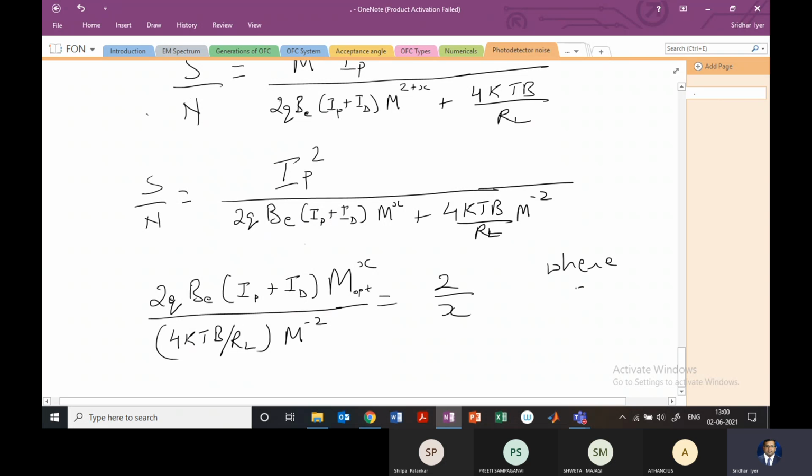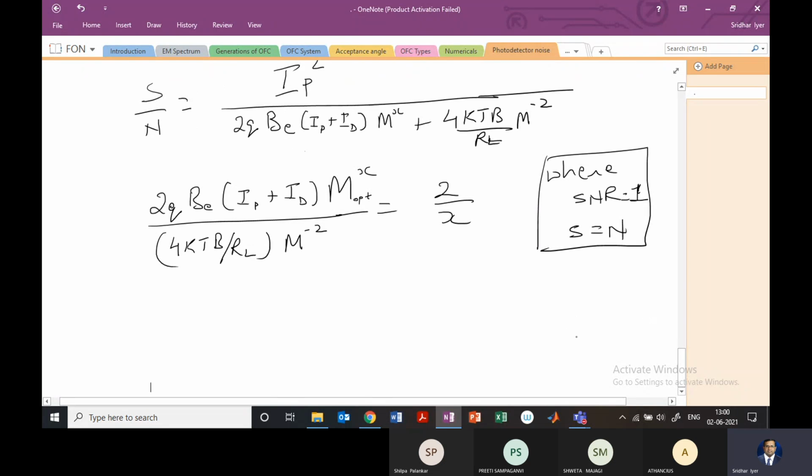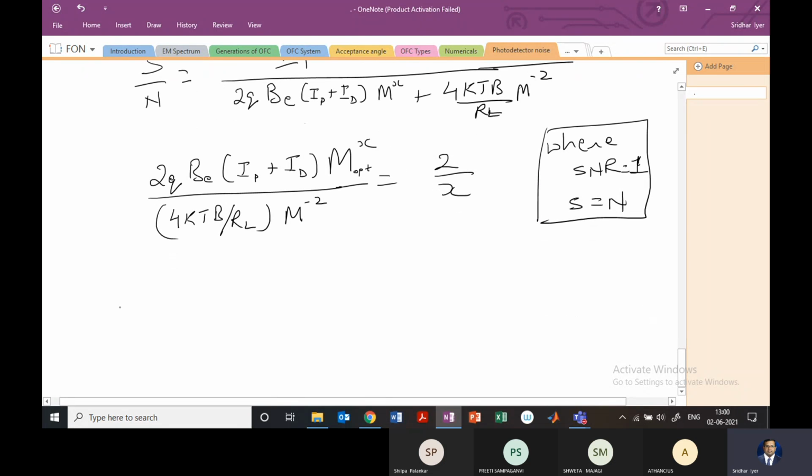where SNR is 1. That means S equal to N. So the signal power is good enough to cancel all the noises, right? So from here we can find the value of the optimum multiplication factor, and that we get as, if I take the 2 plus x there, 4kT divided by x q RL into ID over IP plus ID.